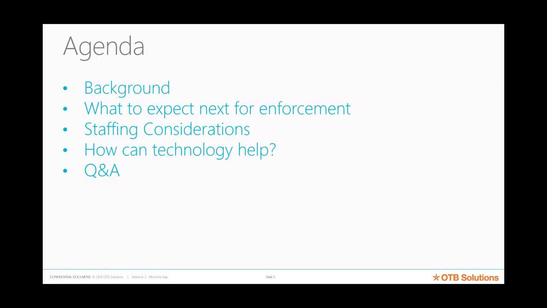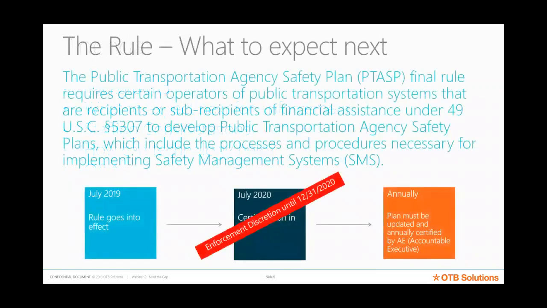Then we'd like to transition a little bit into how technology can help, and very specifically talk about some of the things that we've done in that arena to see if it resonates with you all, and potentially how it can help you in your implementation of your agency safety plan and SMS system. So with that, I'm going to hand it over to Jim without further ado.